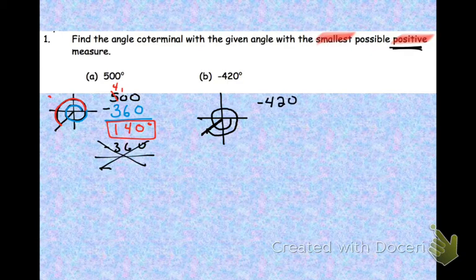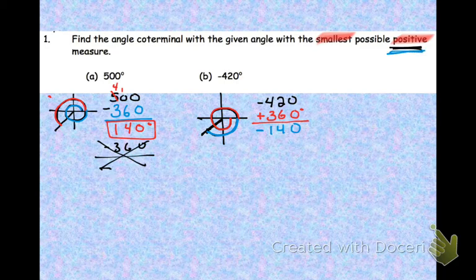Now to get rid of that 360 degrees, this first rotation around here, instead of subtracting now, we're going to add 360 degrees. So that will leave us with just the extra little piece here. So negative 420 plus 360 ends up to be negative 140 degrees.